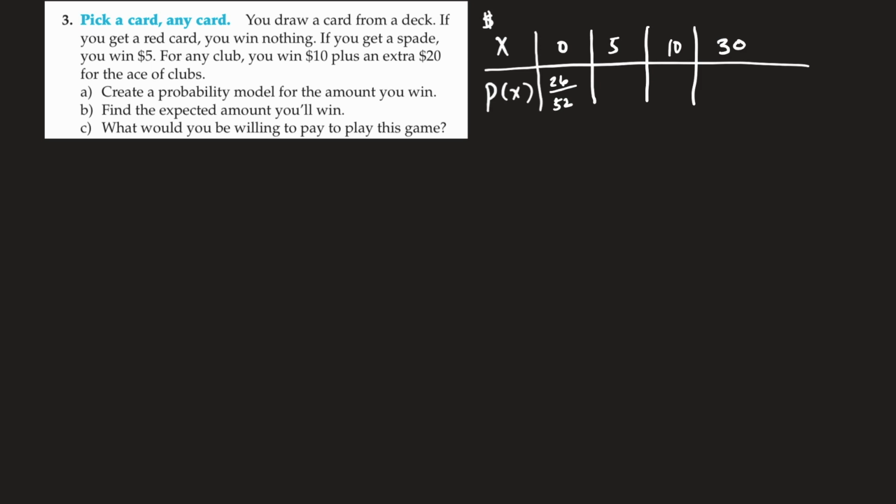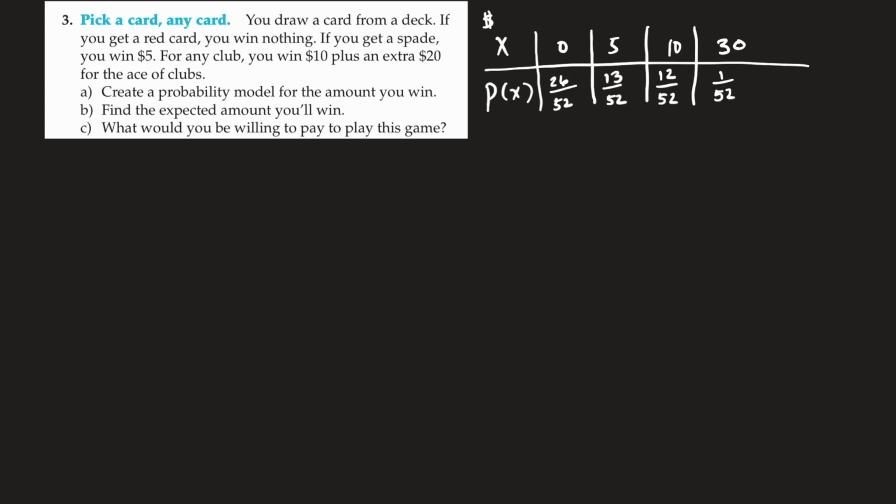For a spade, well, there's 13 of every suit, so 13 out of 52 cards allows me to get $5. $10 is the club. However, one of those clubs gets me the $30, right? So there's only 12 clubs that get me the actual $10 prize, and then the other one, I have 1 out of 52 to get the $30.